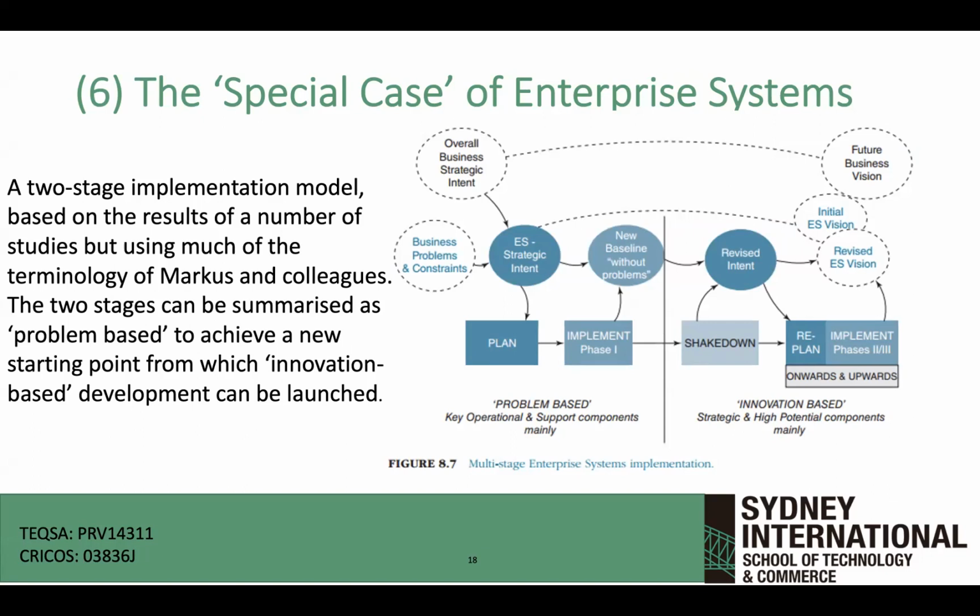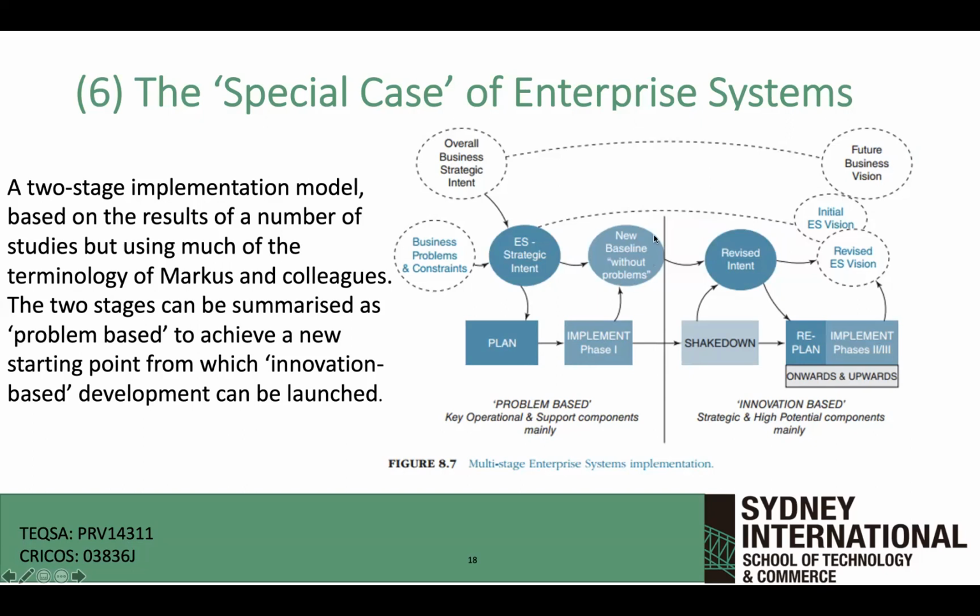Initially we have this overall business strategic intent. We know what we want to do, we know what the problem is, we know what the constraints are. And what we do is create an enterprise system strategic intent. What is it trying to do for us? We plan based on that strategic intent, and based on that, we implement phase one.